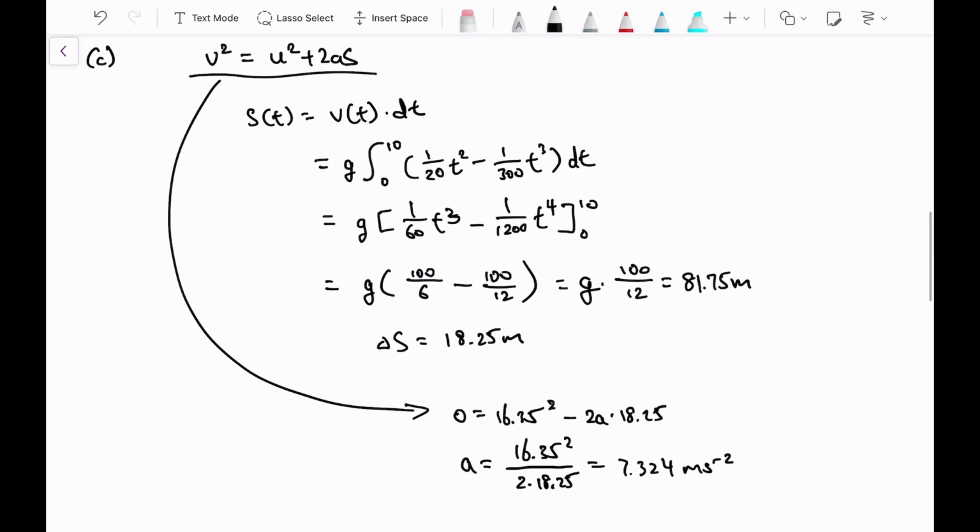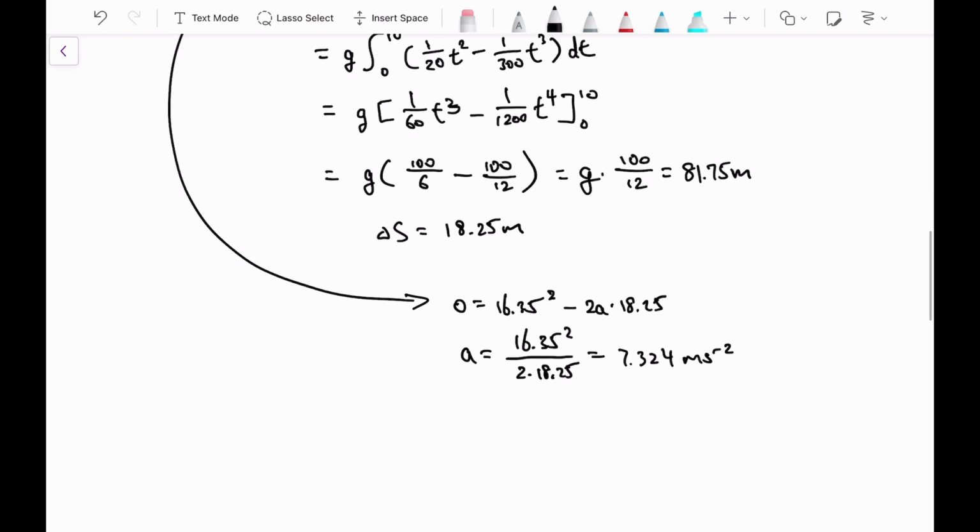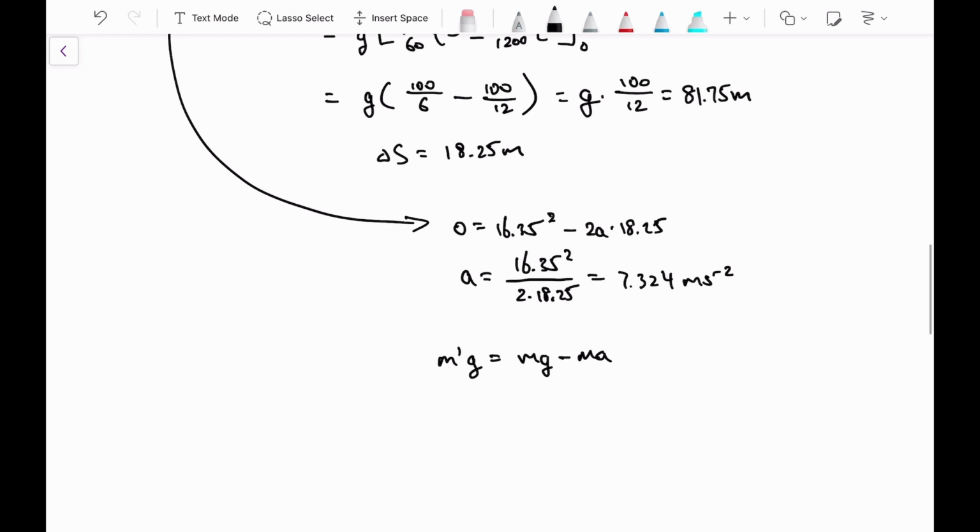What we have to do is simply calculate the mass. And how do you calculate the mass? It's rather simple. See, the weight reading is mg minus ma, as it's deceleration.